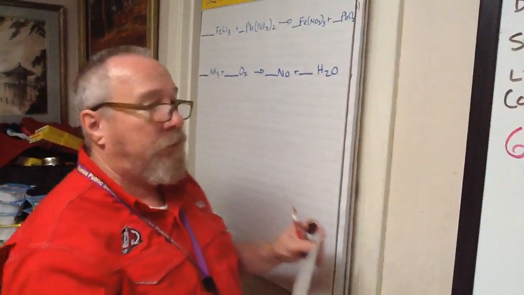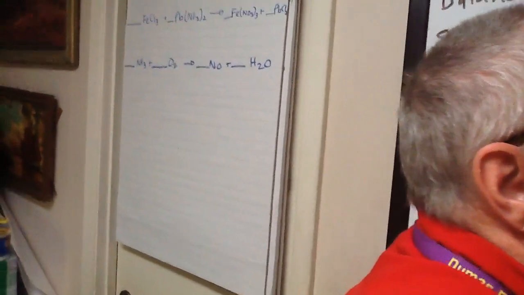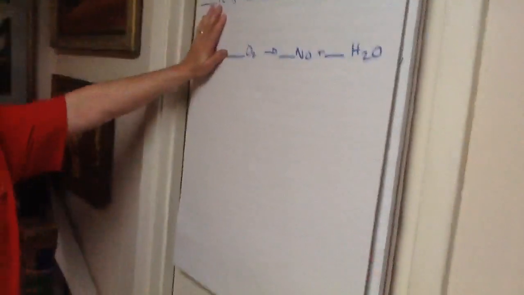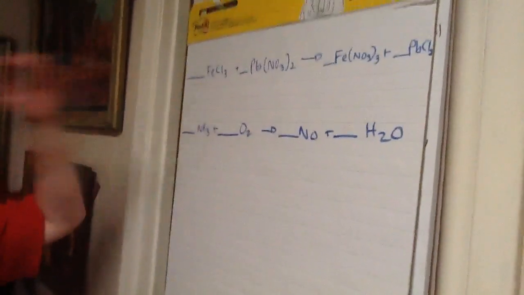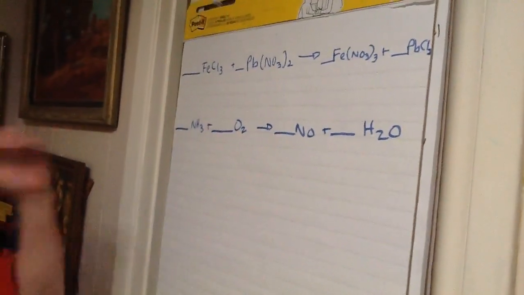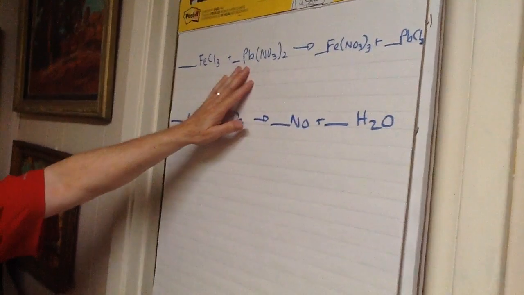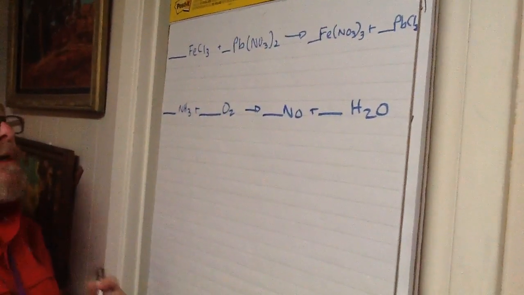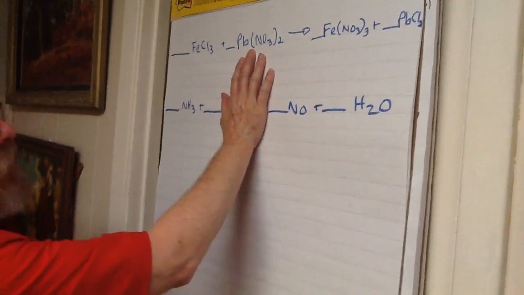So let me work 2 more problems very quickly. In this particular one, this is one we're going to do in our 8-solution lab where we add iron chloride, a nice yellowish solution, to a solution of lead nitrate. We'll be working with lead. I want you to make sure that we work with small amounts.